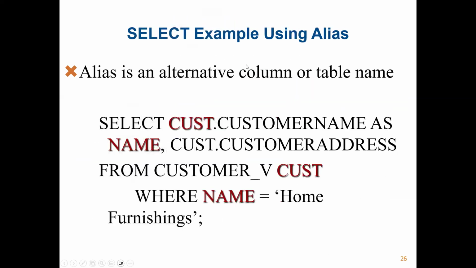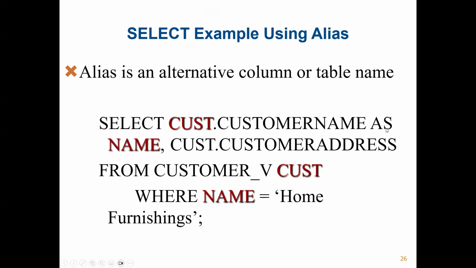Okay, so a select example using aliases. We can use an alias to be another name for, let's say, the student table. I also name the student table as an S table. So alias is an alternative column or table name. You can use the alias as an attribute or the table name also. So for example, here this is select customer name as what? Maybe some of us took a Python class. We use the command as to change a name, especially when we import a package, let's say import numpy as np.